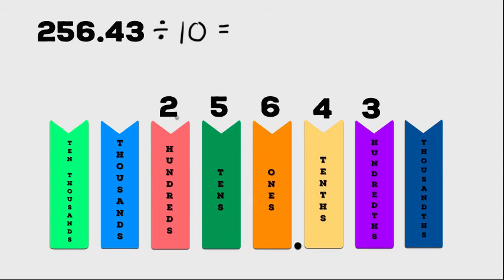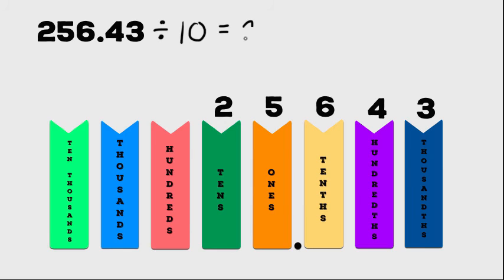And so this 2 is going to go here, and so on and so forth. So it will look something like this, right? So we shifted them over, and now we can rewrite our answer, and we have 25.643, and then we can read this number as 25 and 643 thousandths.